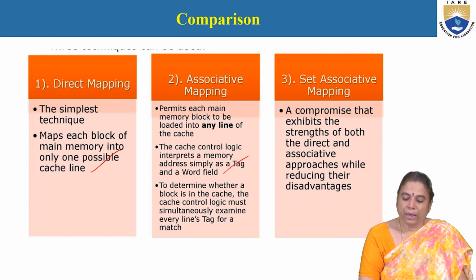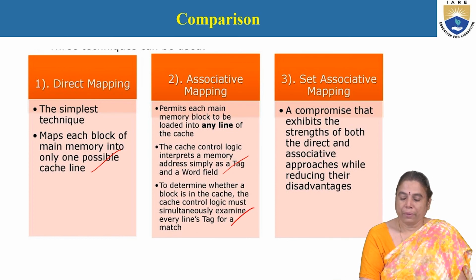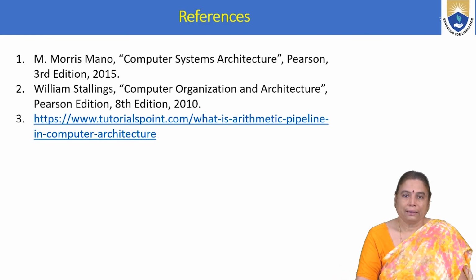In associative mapping, to determine whether a block is in the cache, the control logic must simultaneously examine all tags. Set associative mapping is a compromise that exhibits the strengths of both direct and associative mapping. These are the list of references used in this video.